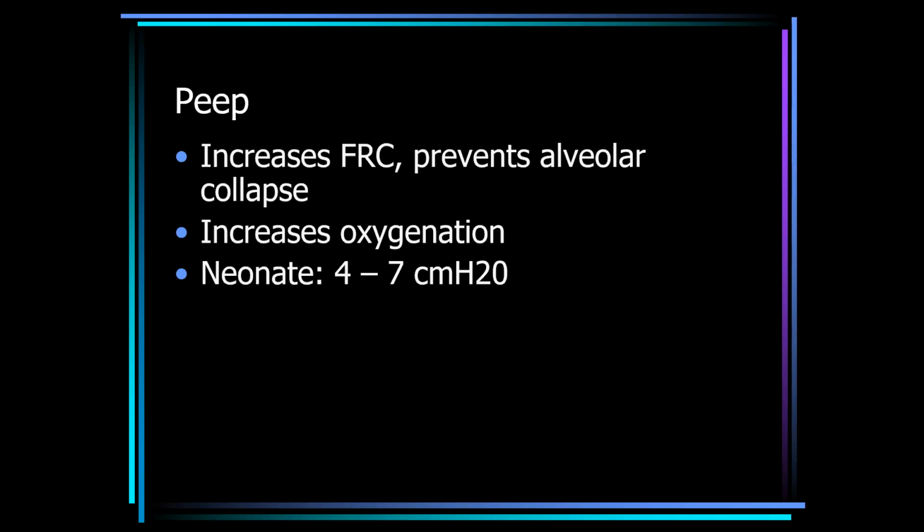And then again, I'll ask my neonatal rotation students, did you see any PEEP less than 5? Was it only 5 and up? Okay. So 4 to 7, you'll see with the NBRC review. But in the hospitals around here, I'm only seeing 5 of PEEP and higher. Or 5 to 7, I should say.